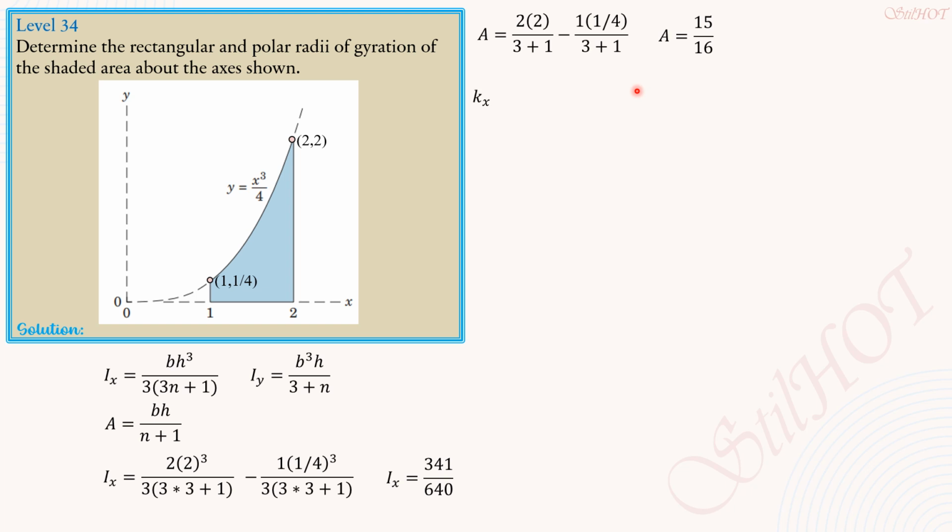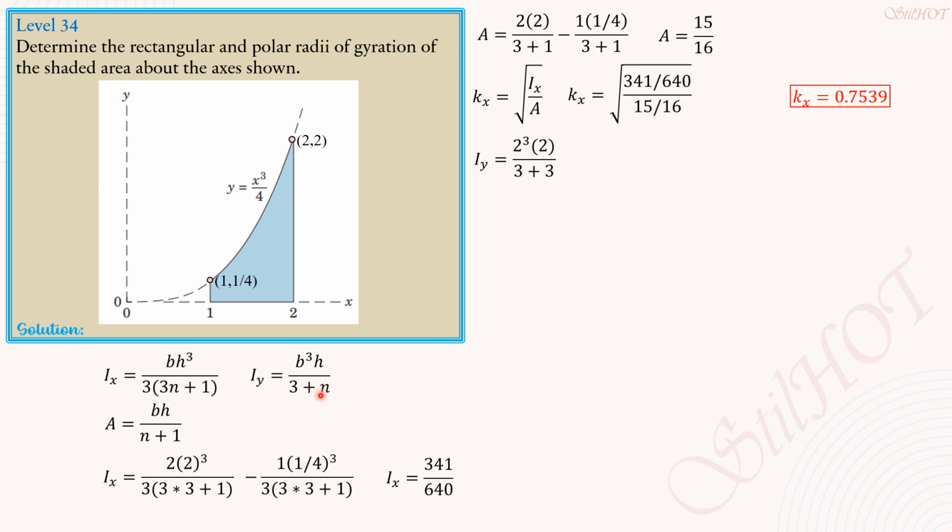Then Kx is the square root of Ix over area. So Kx is the square root of 341 over 640 over 15 over 16, and it is equal to 0.7539. Then for Iy, it is 2 cubed times 2 over 3 plus 3 using this formula, minus 1 cubed times 1/4 over 3 plus 3.